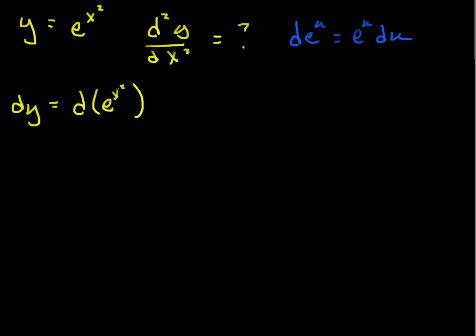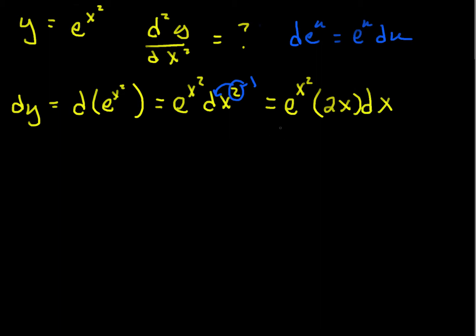Our u is x squared, so this is going to be equal to e to the x squared d of x squared. And now this is a power rule, and so the power comes down when we take the differential. It becomes the coefficient, and the power goes down by 1. So this is equal to e to the x squared times 2x dx, or more naturally, 2x e to the x squared dx.